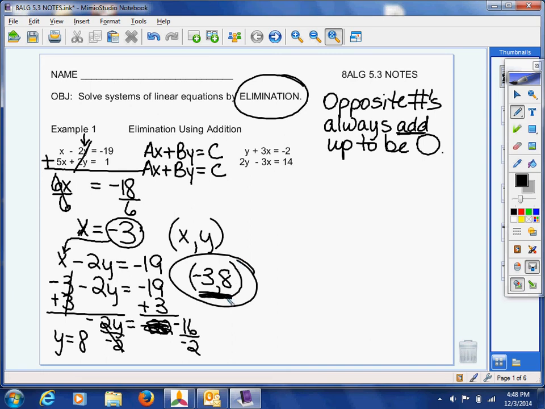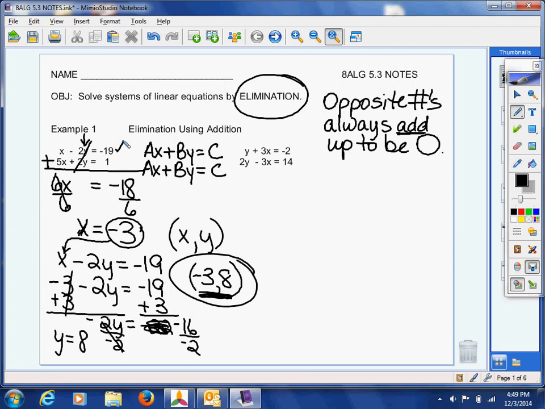Okay? You can check it. Take the x, negative 3, plug it in for the x. Take the 8, plug it in for the y in both equations and see if it works. Now, we can do that right now. We've got negative 3 minus 2 times 8. Negative 3 minus 16 is negative 19, so that checks out. 5 times negative 3 is negative 15. 2 times 8 is 16.